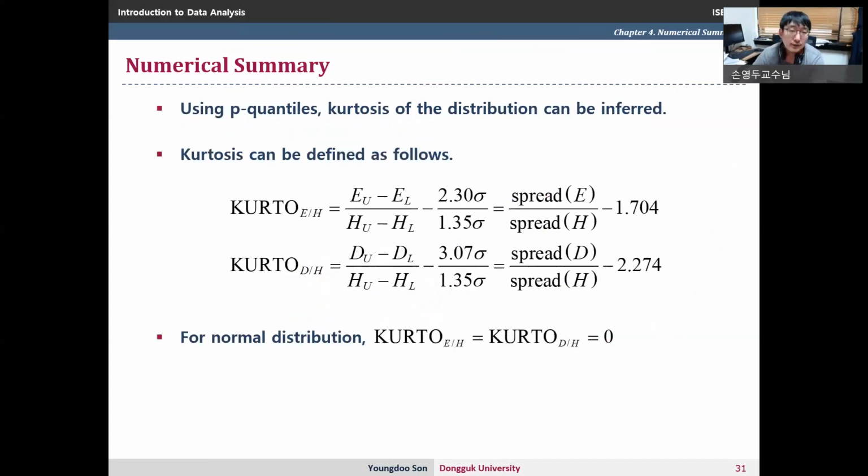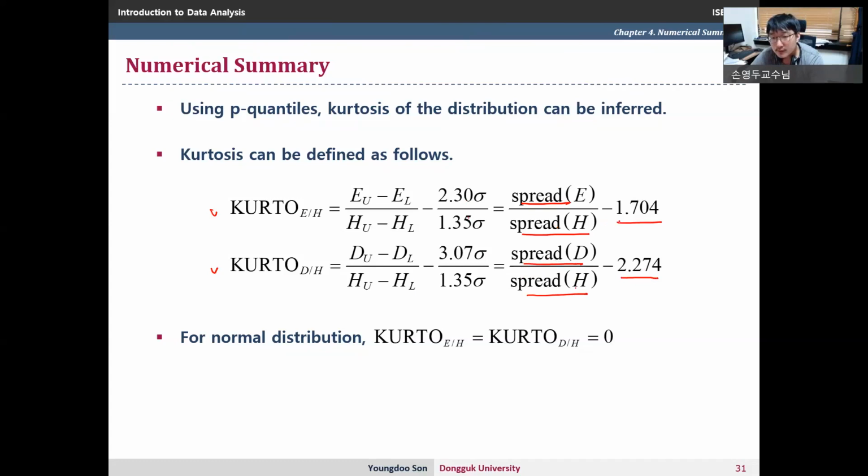So the kurtosis from the numerical summary table is defined in two ways: the ratio between spread E and H, and the ratio between spread D and H. For the normal distribution, the ratio of spread E and H is 1.704, and the ratio of spread D and H is 2.274.